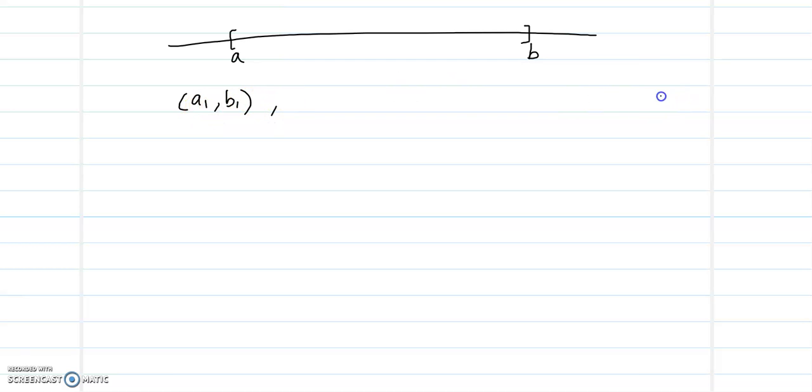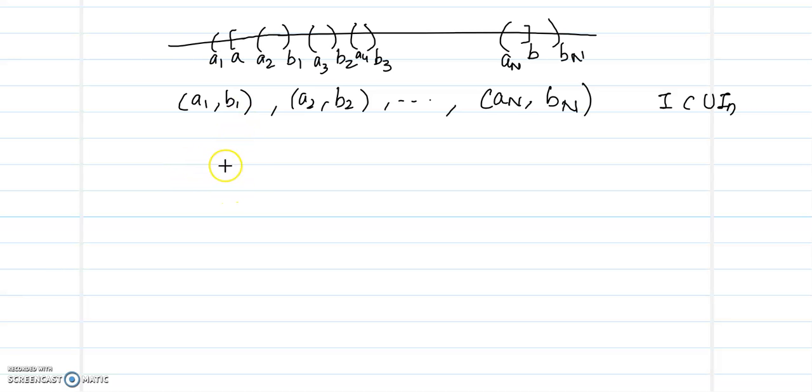I is contained in the union of In, and since I is closed and bounded, here you can find a finite cover. The sets in the finite cover I take as A1, B1, A2, B2, up to An, Bn. So let me take my sets to be of this form.